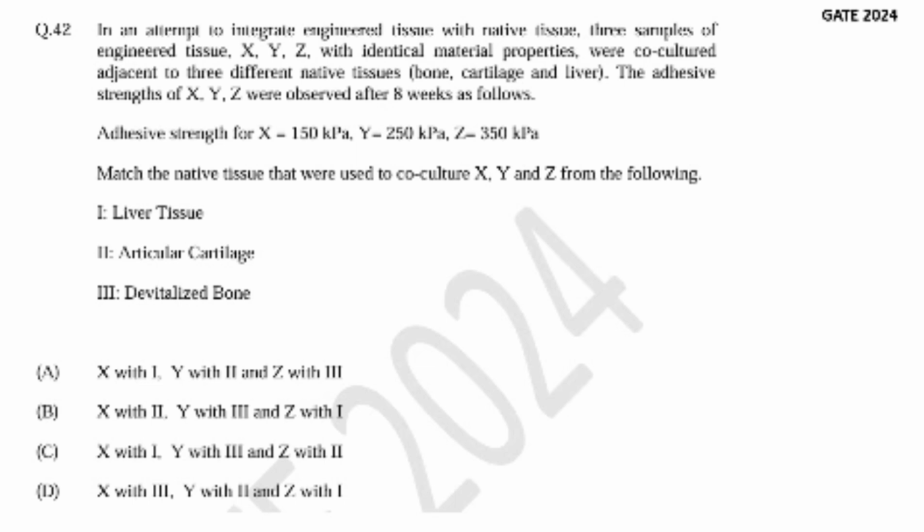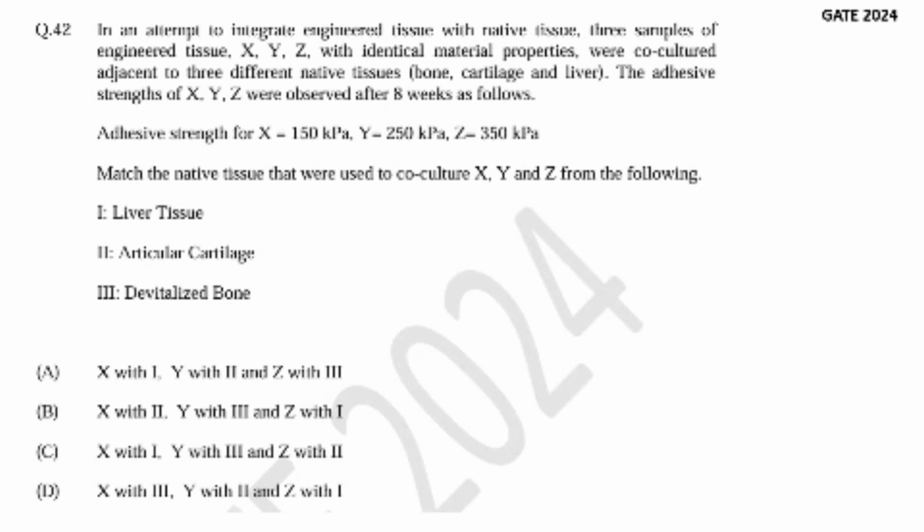To match the native tissues with the engineered tissue samples based on the adhesive strength data, we need to consider the biological characteristics and adhesive strength typically associated with different native tissues. Liver tissue generally has a lower adhesive strength compared to bone or cartilage because it is less fibrous and has a soft structure.